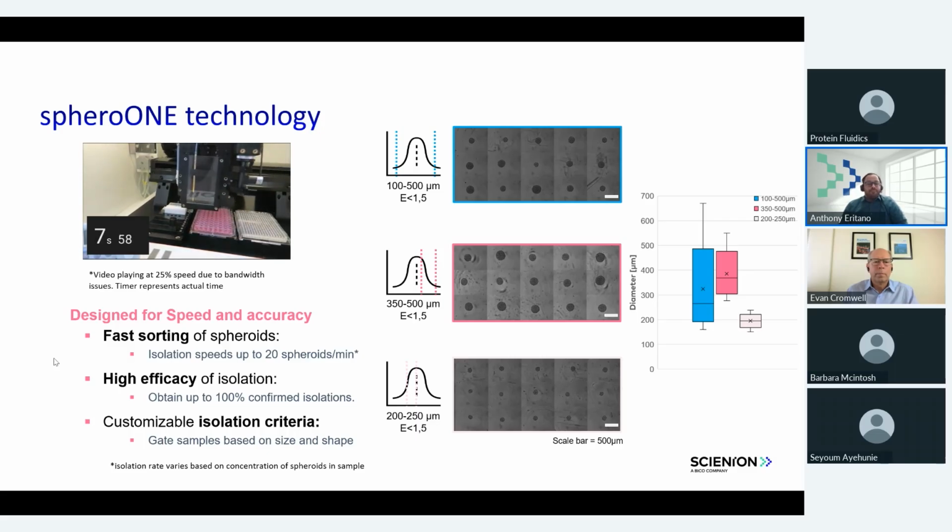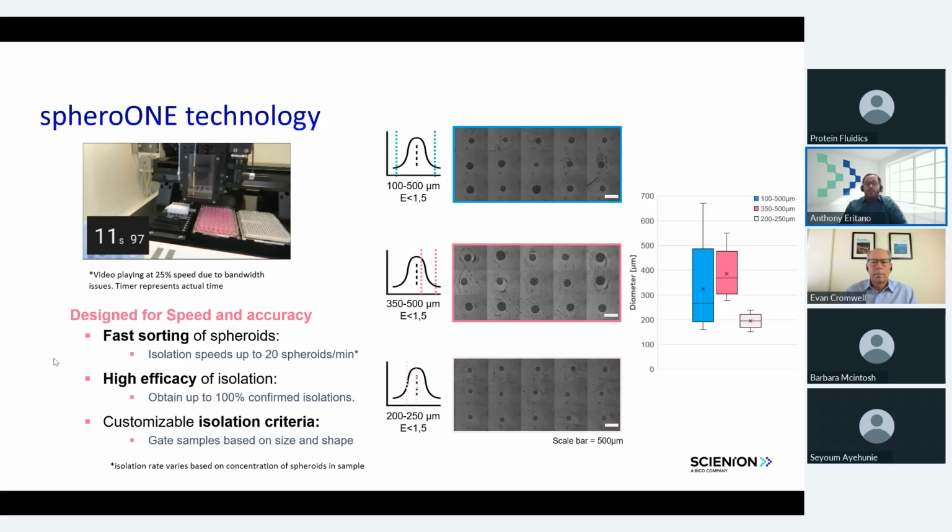It has high efficacy of isolation. So we can obtain basically up to 100% confirmed isolations in a specific spot. And it's also highly customizable when it comes to isolation. We can gate samples based on size and shape.